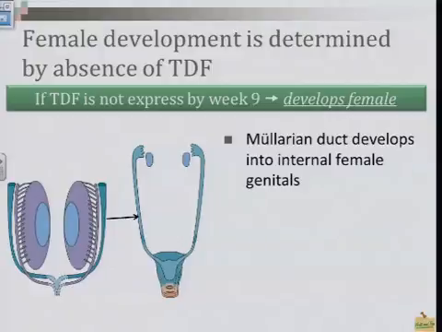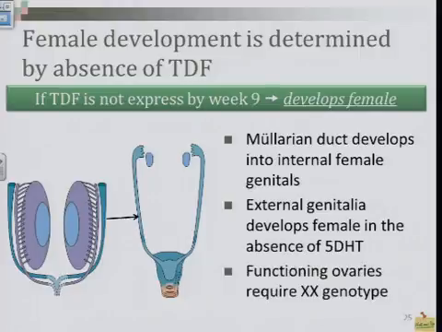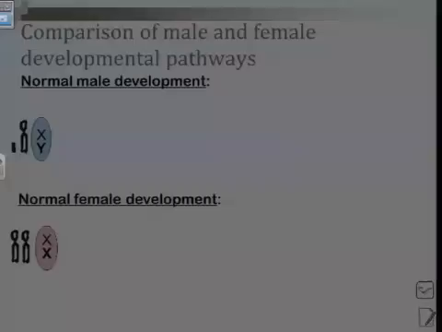In which case, the Mullerian duct develops into the internal female genitalia, the Wolffian duct atrophies, and the external genitalia will develop female in the absence of the signal from 5-DHT. Now, this isn't all there is to it. Functioning ovaries require 2 functional X chromosomes, so there are additional factors involved. But this is how it gets started.